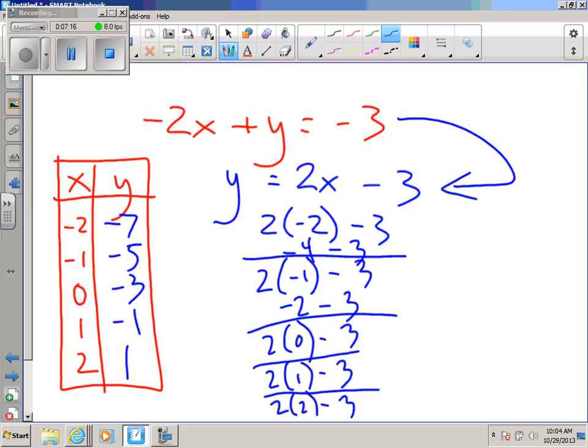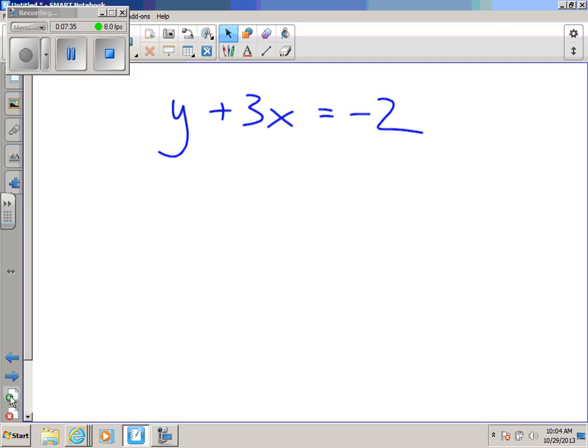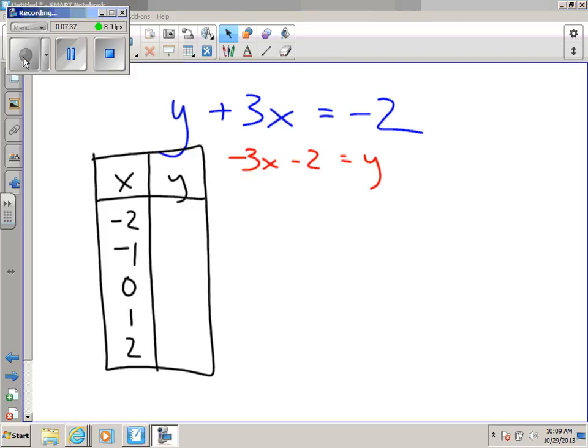If you want to try, just give me the first step. Just convert and solve for y, and then raise your hand to make sure we're on track with that. All right, so let's plug in the negative 2.